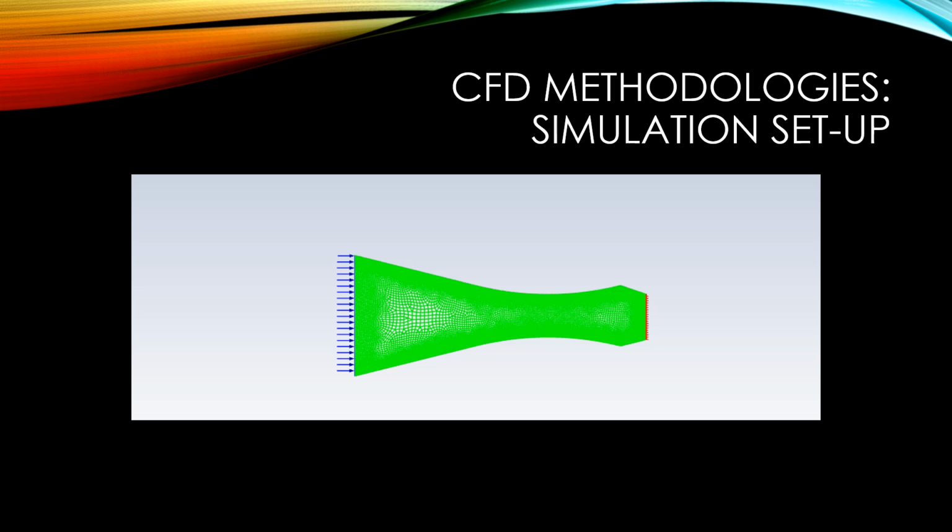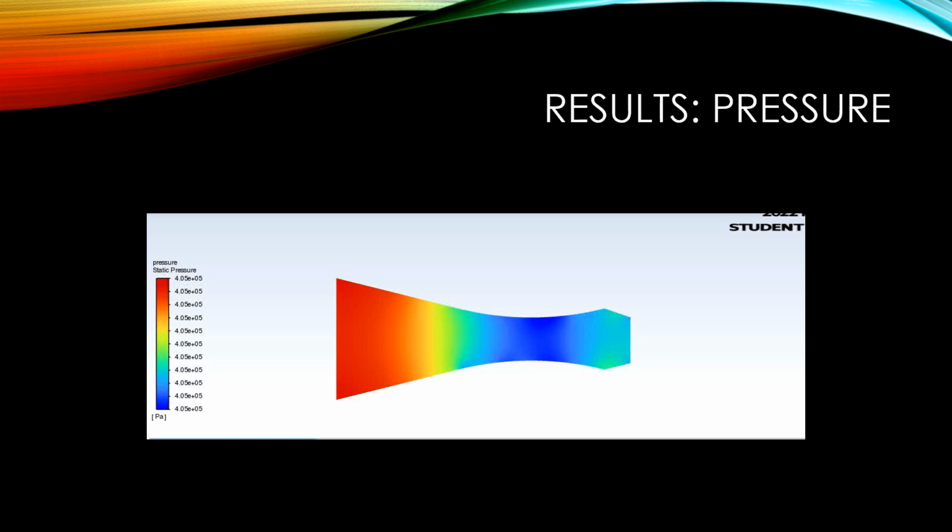This really just allowed more time, more intervals for there to be better results as the simulation proceeded. As far as residual monitors, they were set to 0.001 in absolute criteria. And as far as the results, here we go.